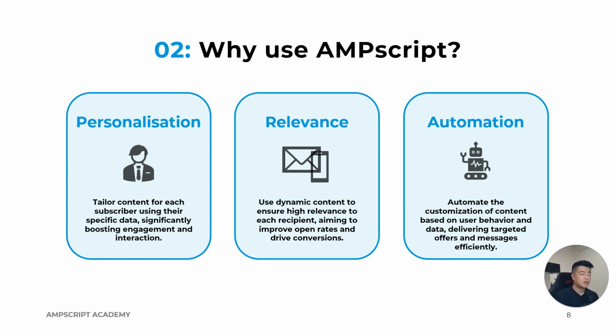Automation is another strong use case for AMPscript. Think about, if you set up some sort of birthday campaign, right? Will you really want to create a birthday campaign for each month? January, February, March. That's going to be time consuming, right? So if you were to use AMPscript instead, in terms of the actual email template that is sent out to the customer, you can dynamically populate the month, welcome May babies or January babies, or celebrate your birthday this month in January with a discount code.